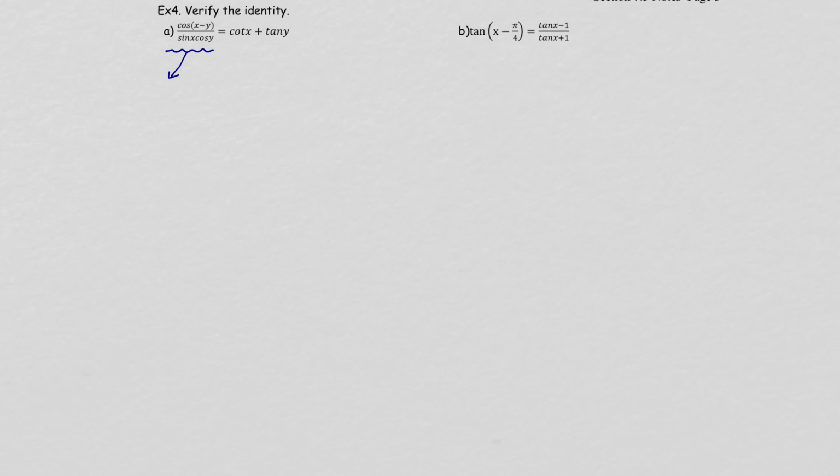Then for the numerator, I can use the formula cosine x minus y is equivalent to cosine x cosine y plus sine x sine y, all over sine x times cosine y.